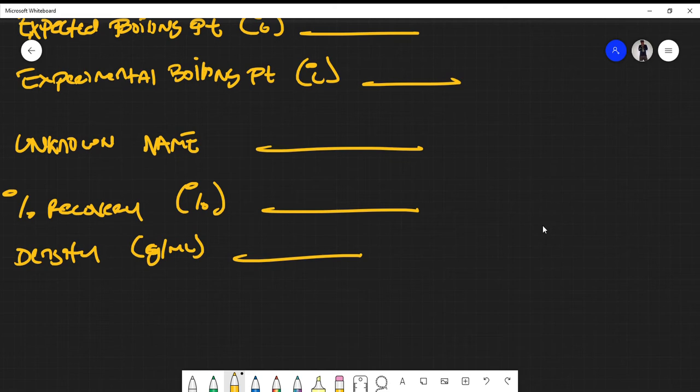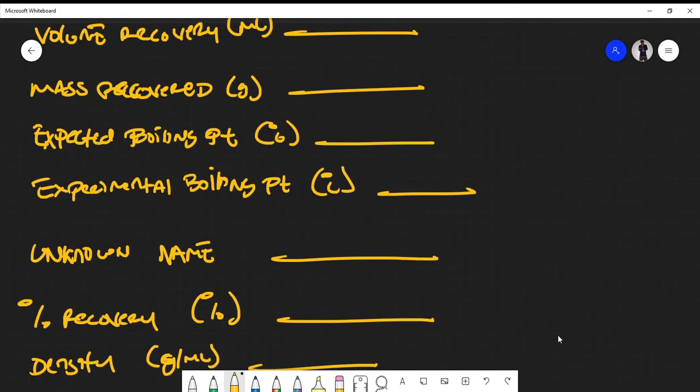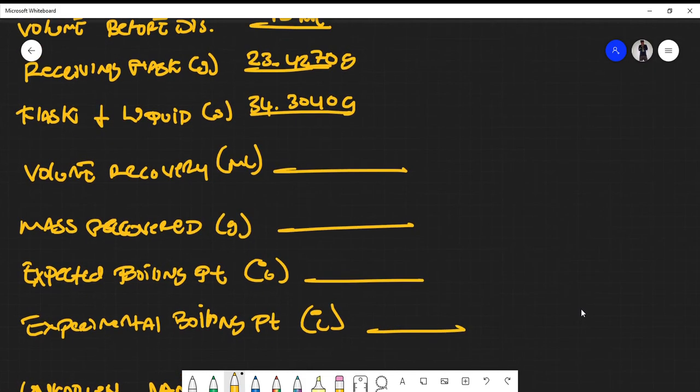So how do we go about actually calculating the first thing, which is the mass recovered? Well, the mass recovered is simply the difference between the receiving flask, or in other words, the mass recovered is the flask plus the liquid minus the receiving flask.